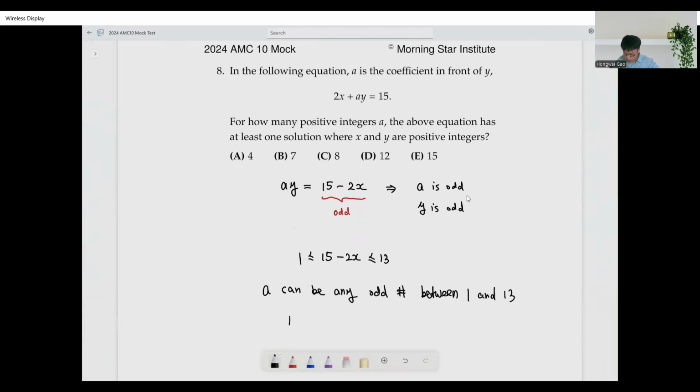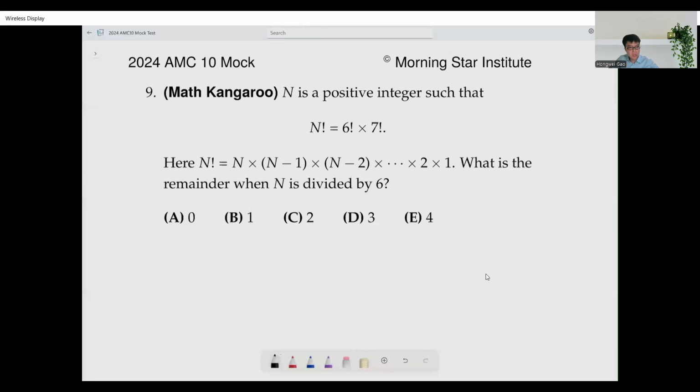So there are 1, 3, 5, 7, 9, 11, 13. For each choice of a, there will be corresponding values of y and x as the solution to the equation. So we see the answer to this question is 7. There are 7 cases.